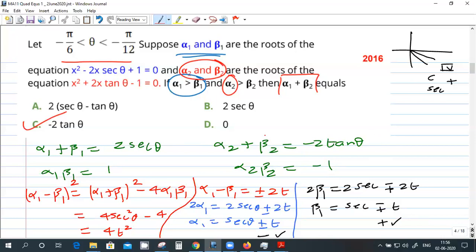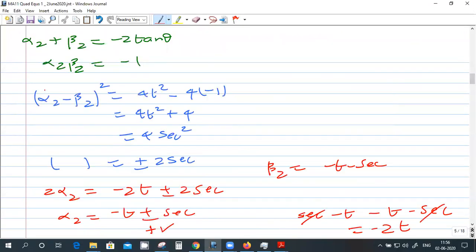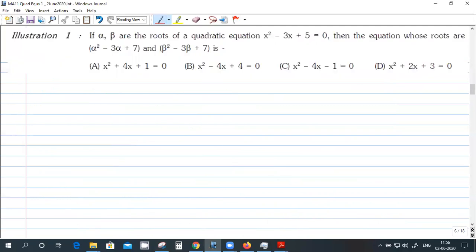Okay. Yeah. Okay. Try this one. Alpha and beta are known, right? So alpha plus beta is 3 and alpha beta is 5.